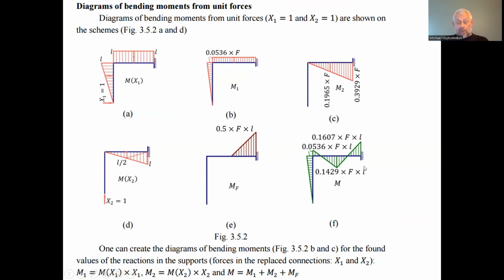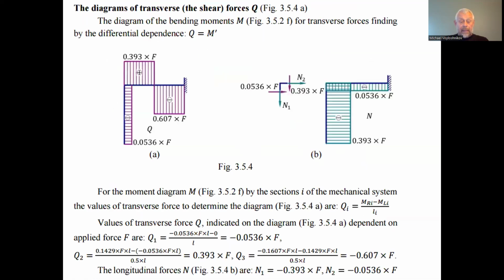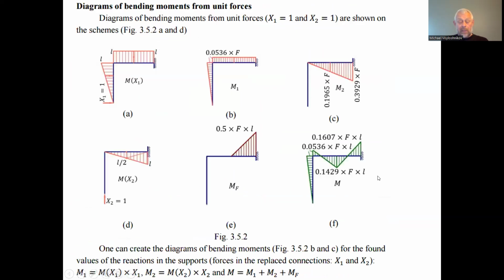Rotating clockwise is positive, rotating counterclockwise is negative. These are the sign rules applied for this assignment. Next we divide by just half of L, which is the length of the segment, since the diagram is linear up to the corner.